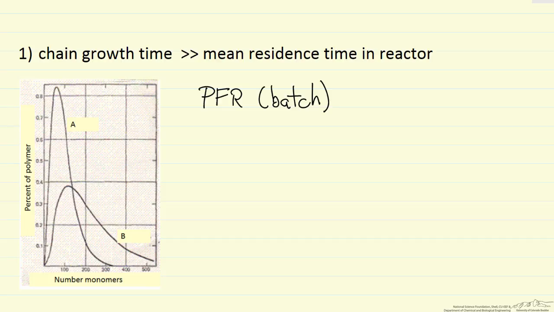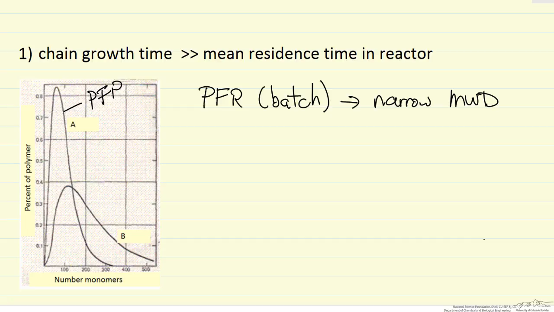And what this means then is all molecules have the same reaction time. And so if the chain growth time is large, relative to mean residence time, this means we're going to get a narrow molecular weight distribution for the plug flow reactor. So this would correspond to the plug flow reactor.